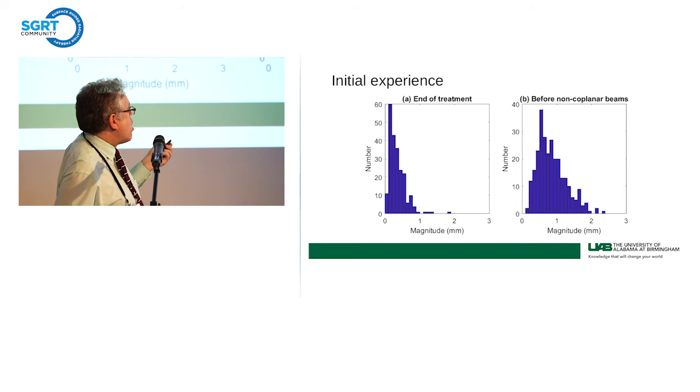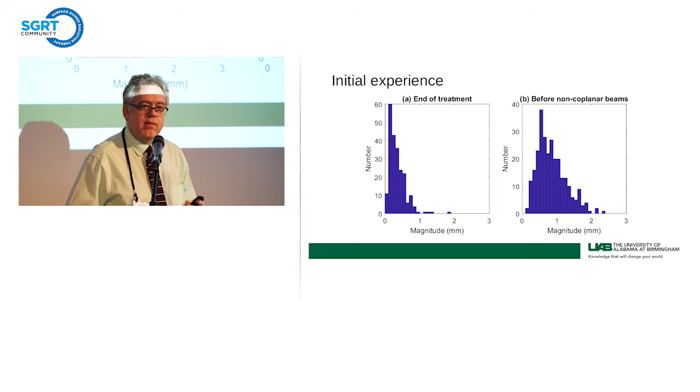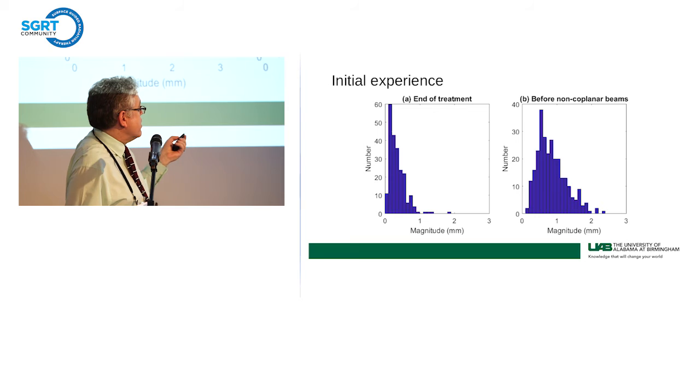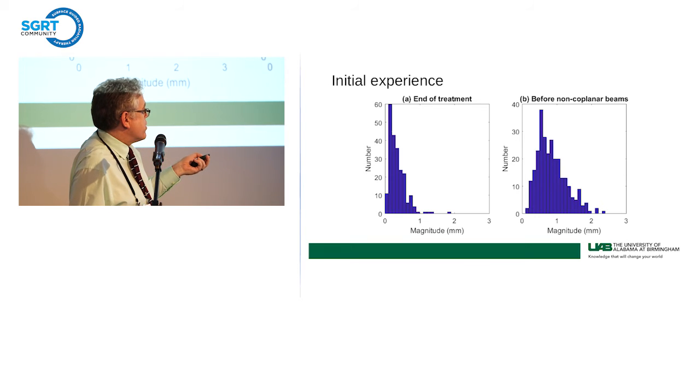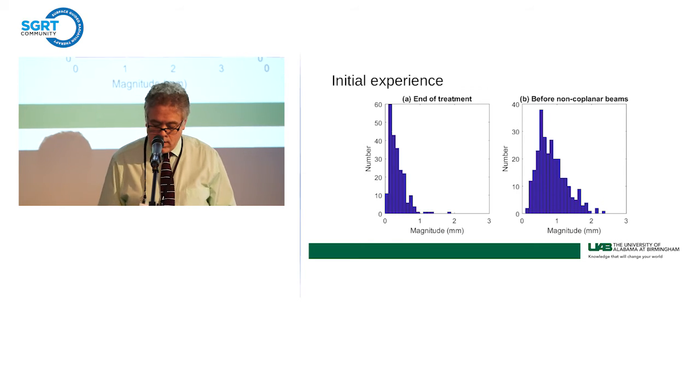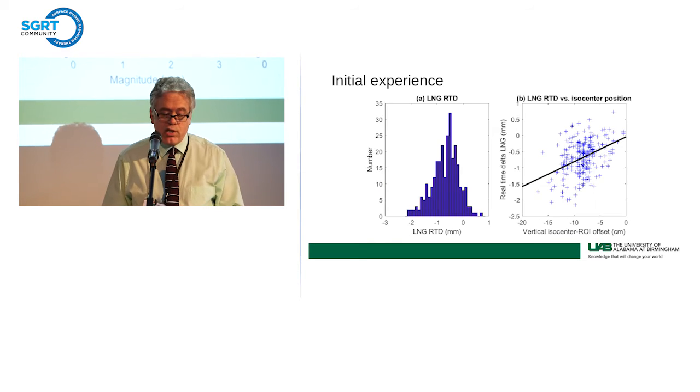But if you look at before beam on for all of the non-coplanar beams, so this is typically 45 degrees on either side or more, you can see that there's quite a large distribution, with some being reported up to 2 millimeters. And 50% of these are almost a millimeter. So this is that sort of systematic shift.